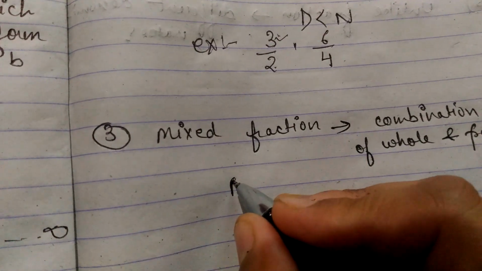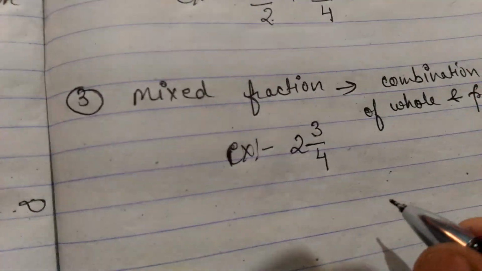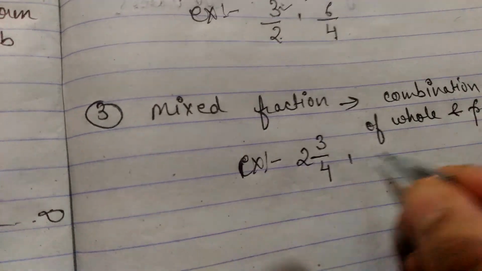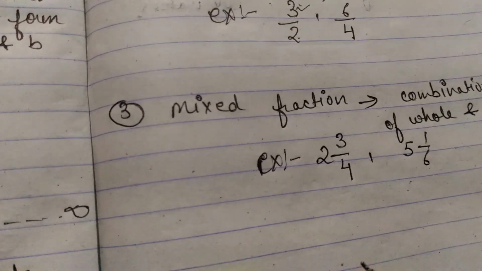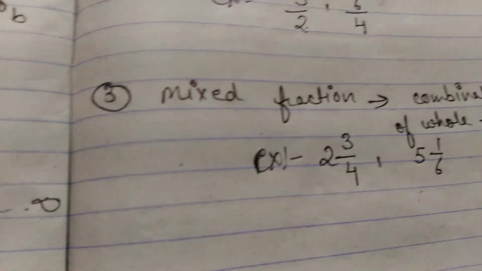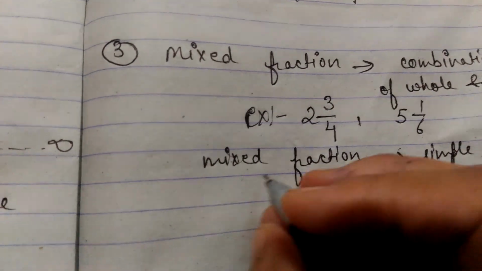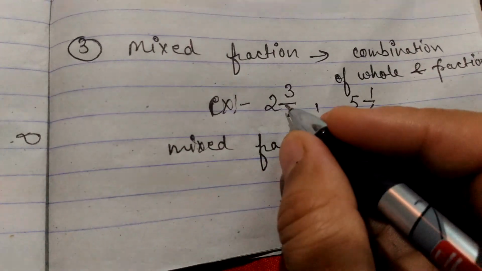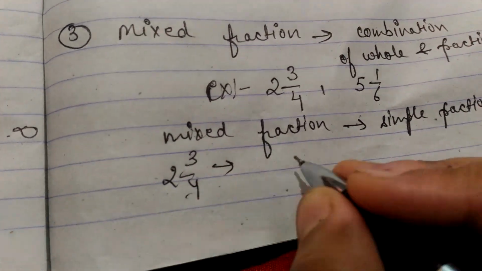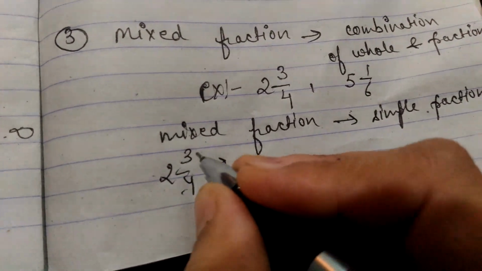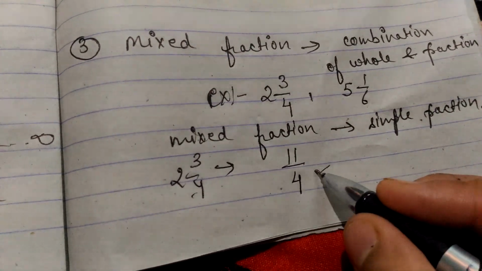For example, 2 whole 3 upon 4, 5 whole 1 upon 6, etc. You know how we convert a mixed fraction into a simple fraction. So 2 whole 3 upon 4: first we multiply 2 into 4, which is 8, and 8 plus 3 is 11 upon 4. It is a simple fraction.